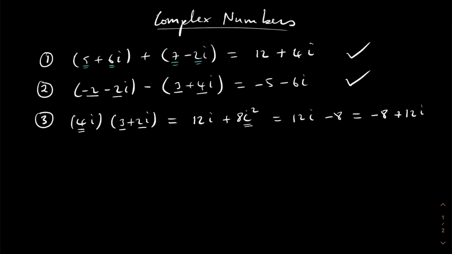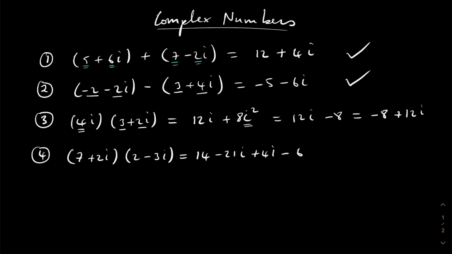Let me give you another example here for multiplication. Let's say you have the complex number 7 plus 2i multiplied by the complex number 2 minus 3i. And so you're going to have to FOIL it again. And so 7 times 2 is going to give us 14. 7 times -3i is going to give us -21i. And then 2i times 2 would give us 4i. And finally, 2i times -3i is going to give us -6i squared.